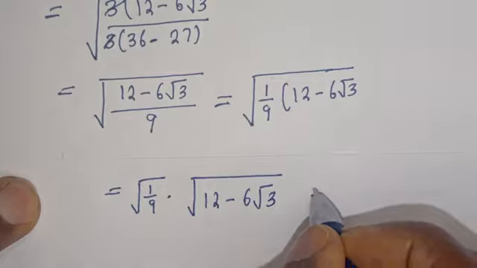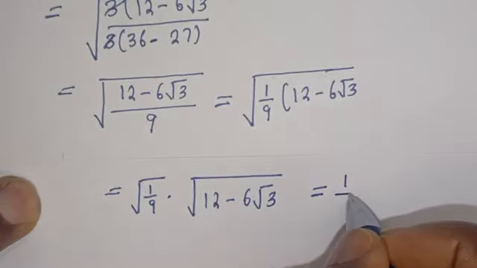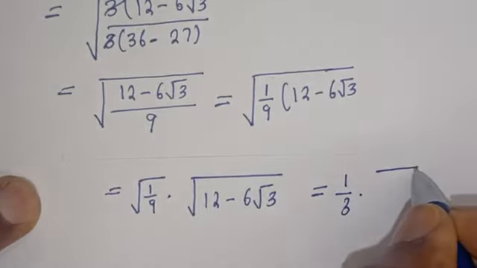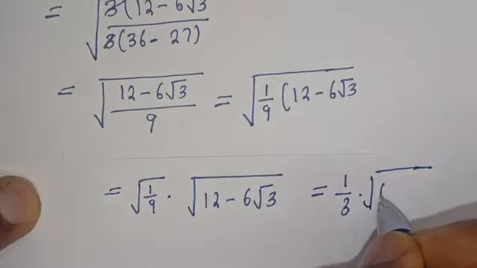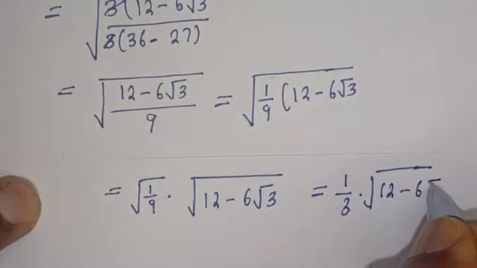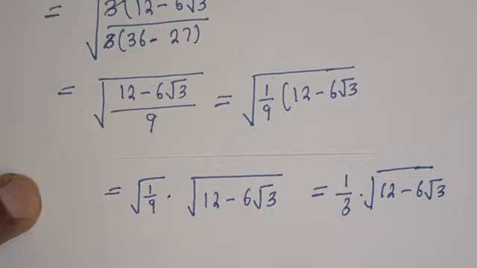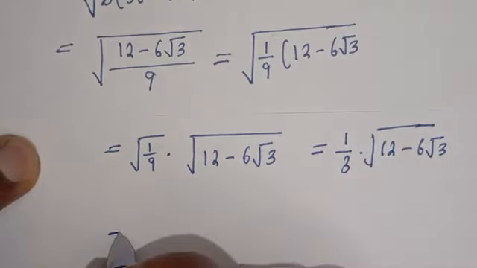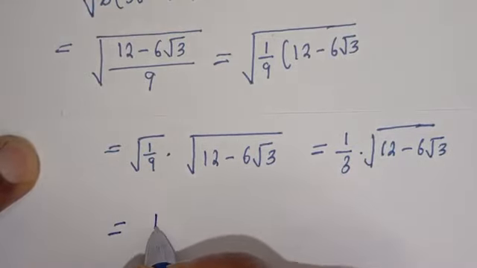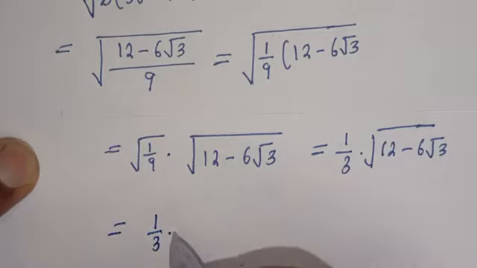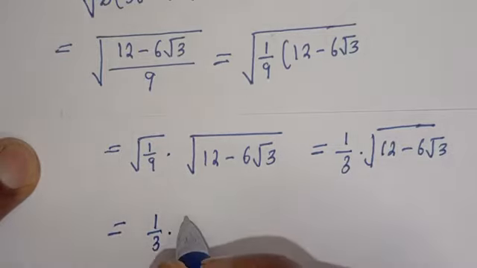Then this is equal to 1 divided by 3 multiplied by square root of 12 minus 6 root 3.